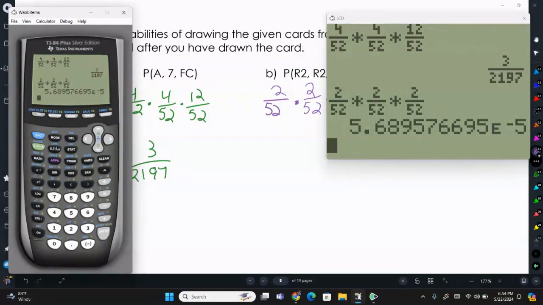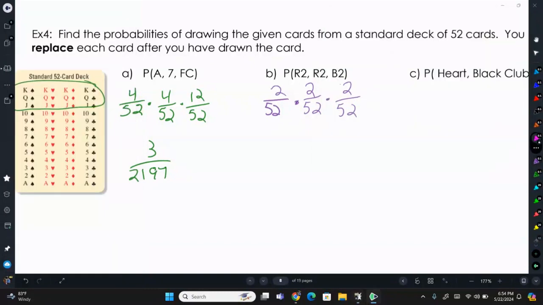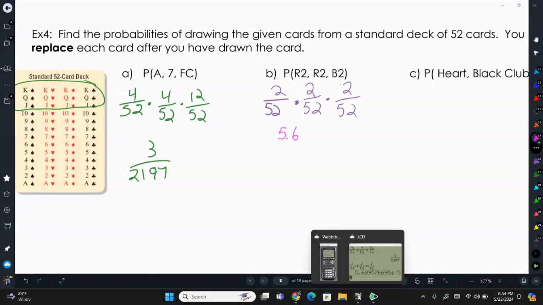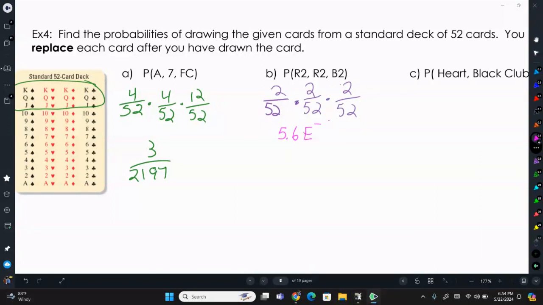So that means move the decimal to the left 5 times. So if I have 5.6 e to the negative 5, and I'm moving this to the left 5 times, 1, 2, 3, 4, 5, and then I have all of these zeros. So the probability is 0.00056 in decimals. And you can convert that to a percentage if you want, or leave it as that. I would leave it like that.